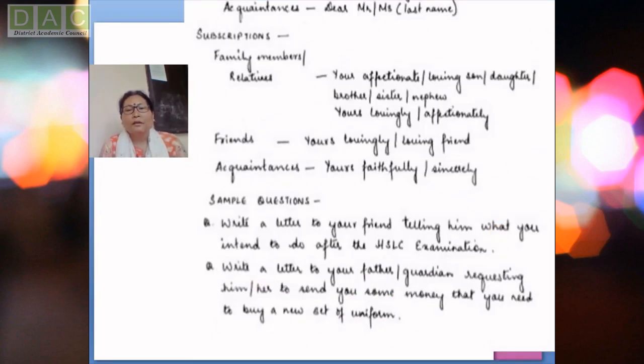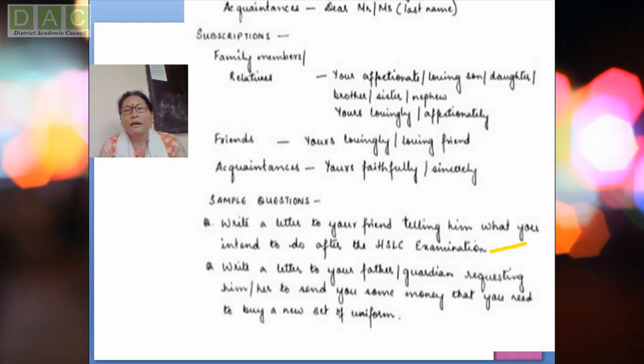Now, look over the sample questions that I have written here. The first one: write a letter to your friend telling him what you intend to do after the HSLC examination. Here you are writing a letter to your friend about yourself, what you want to do after your exam.